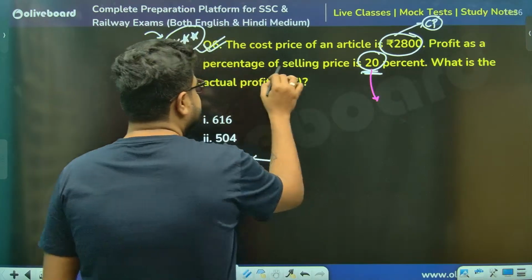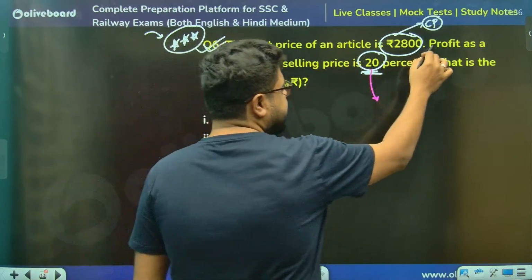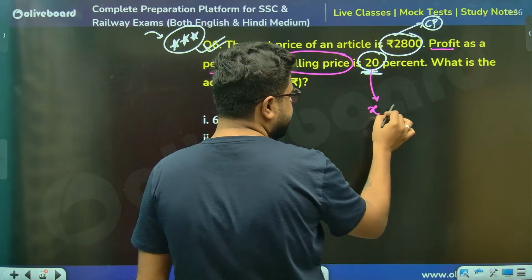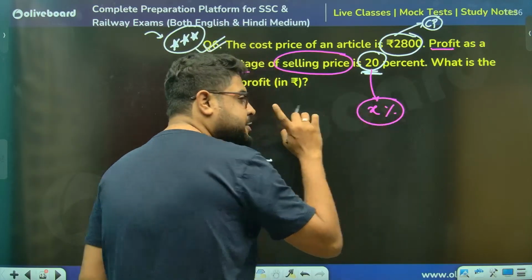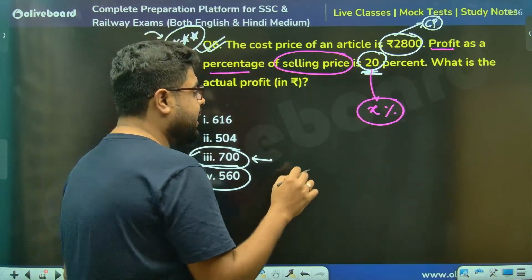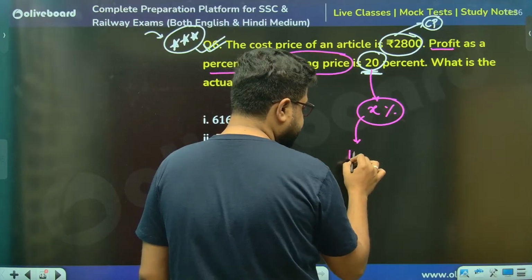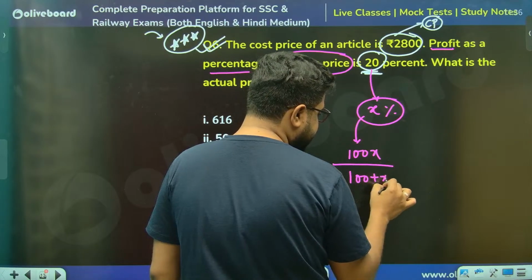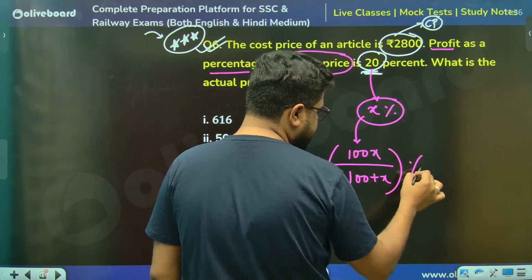Sir, if the percentage profit on SP is X%, then the percentage profit on CP is 100x by 100 plus X%. This is a direct shortcut.